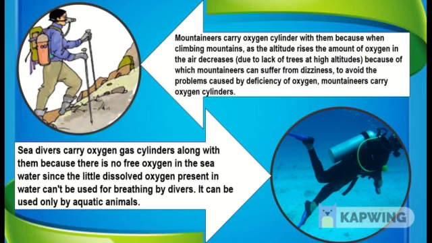The little dissolved oxygen present in water can't be used for breathing by divers. It can be used only by aquatic animals. So, to avoid the problem caused by deficiency of oxygen, sea divers also carry oxygen cylinders.